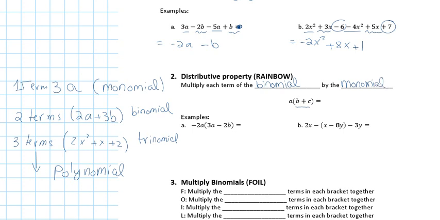So you're going to multiply the A by the first term, and then you're going to multiply the A by the second term. Okay? So we call this the distributive property because I'm distributing that term into the terms inside the bracket. So this is AB because A times B is AB plus A times C is AC.